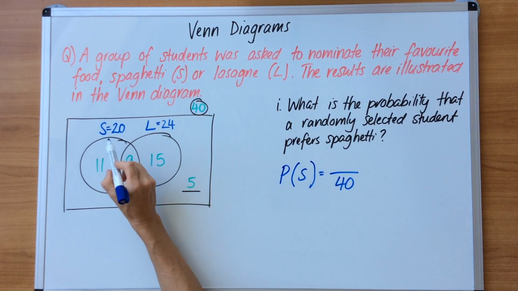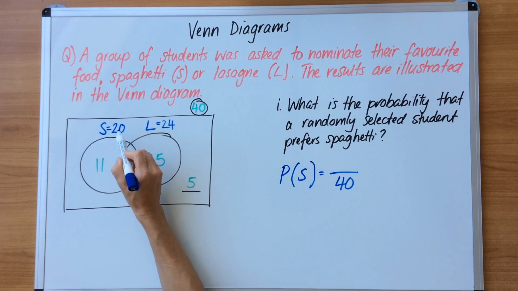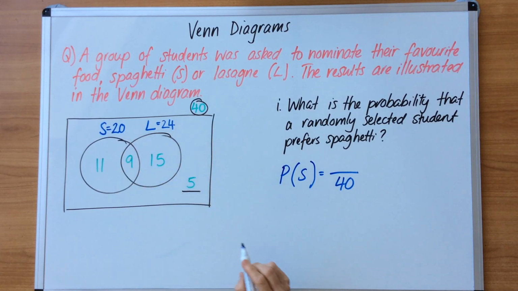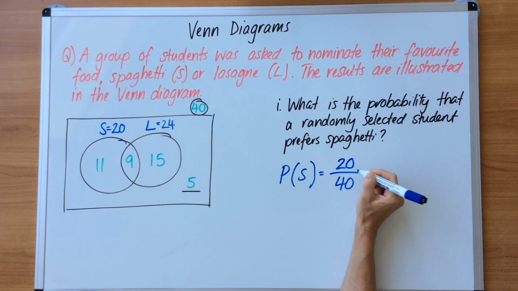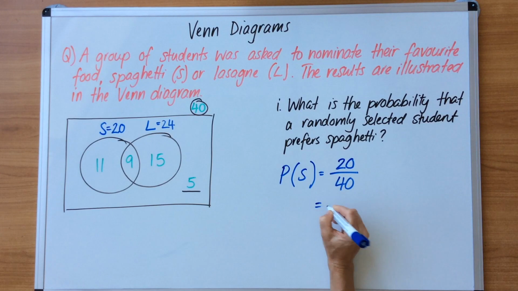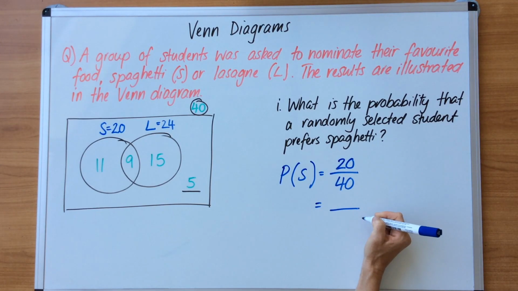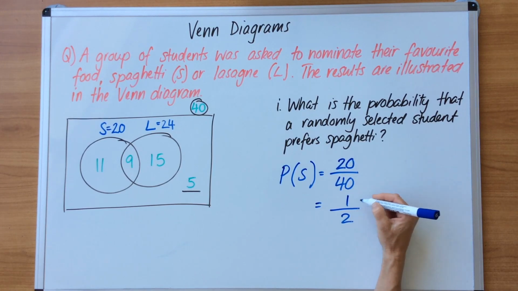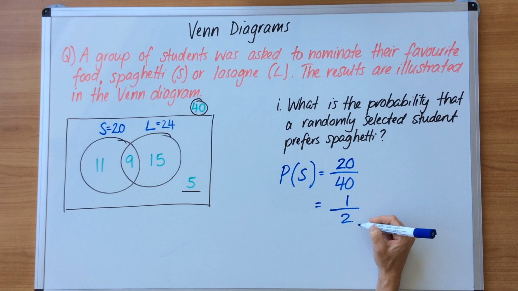Now spaghetti is up here. This doesn't ask us whether they like spaghetti only or either or. There are 20 students here that like spaghetti, and of course we have to simplify, and that will go down to 1/2 because 20 is the highest common factor, goes into itself once and into 40 twice.